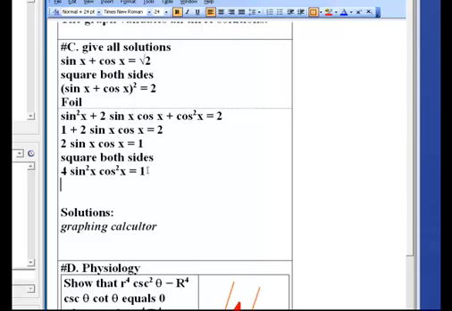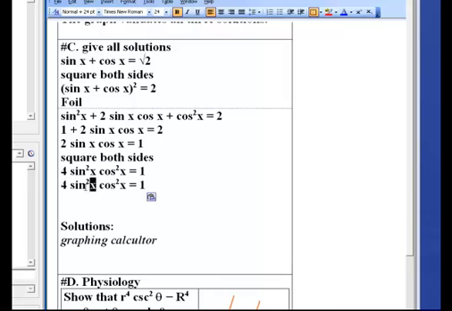So we're going to have 4 times 1 minus cosine squared. So 1 minus cosine squared.